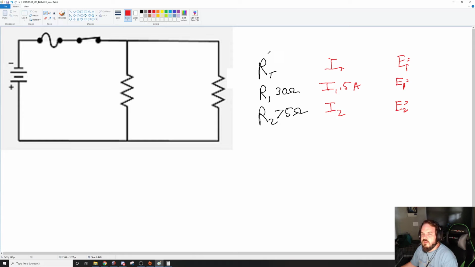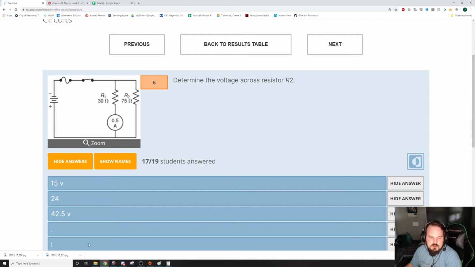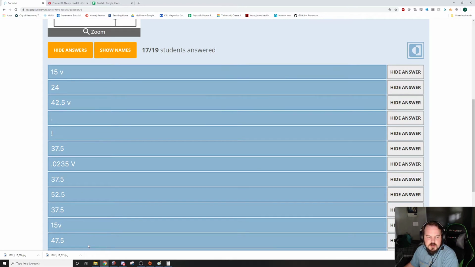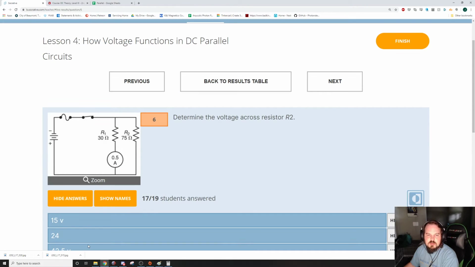So, again, going this way you multiply, so 30 times 0.5 is 15 volts. We got 15 volts everywhere because it's parallel. So that's our answer, 15 volts. We can stop here, or we could fill out the rest of it. 15 volts is the top answer, and 4 people put 15 volts. Good job, you 4.